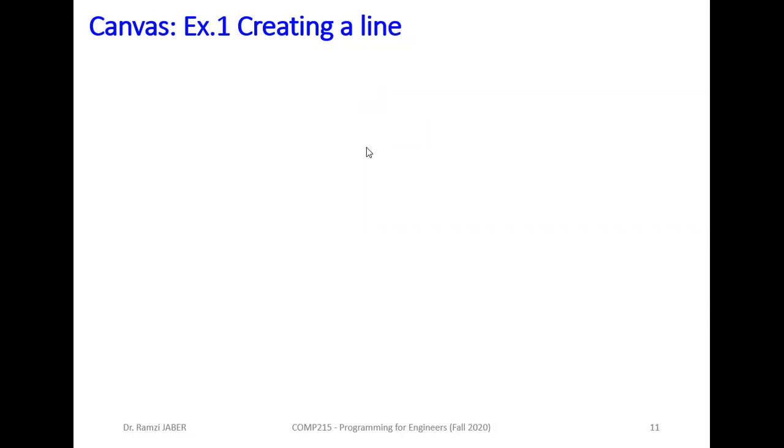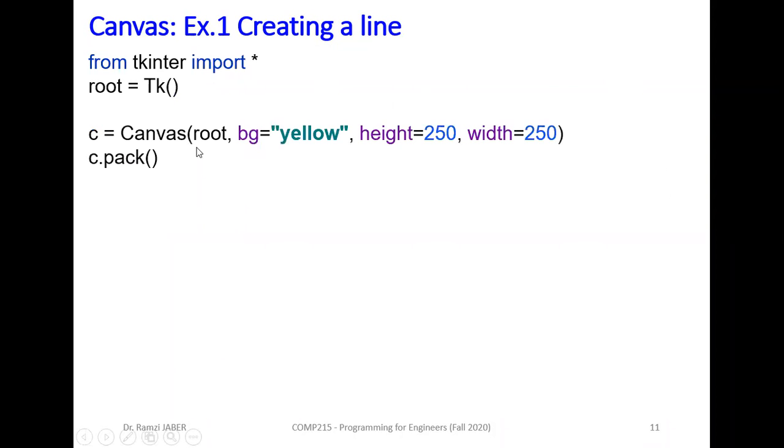Creating a line. So, from Tkinter import star, root equals Tk, capital T. Now, we create the main window. Now, we call a variable object C equals Canvas, capital C, root. We put it inside the main window, background yellow, height 250, width 250, and C.pack.